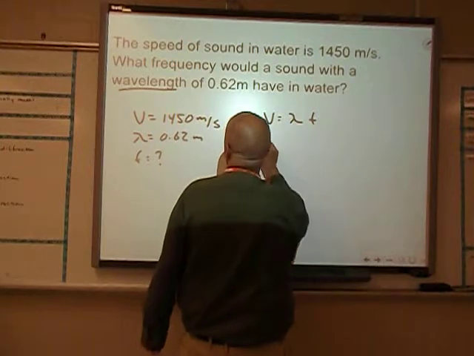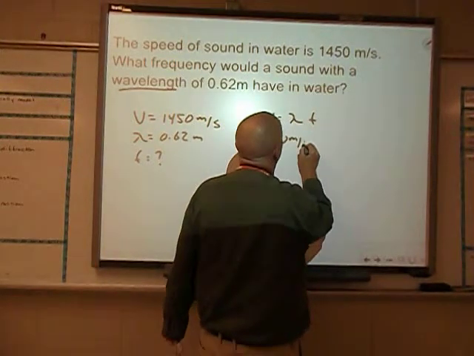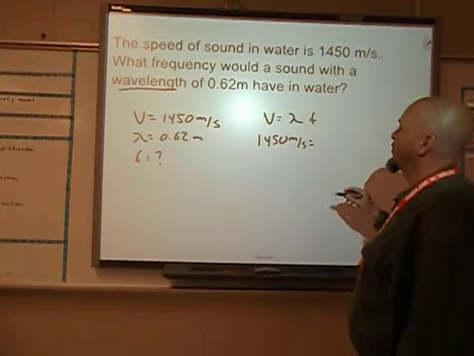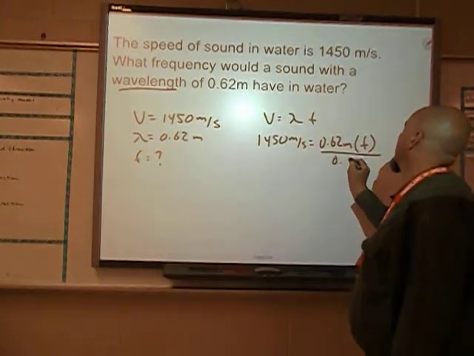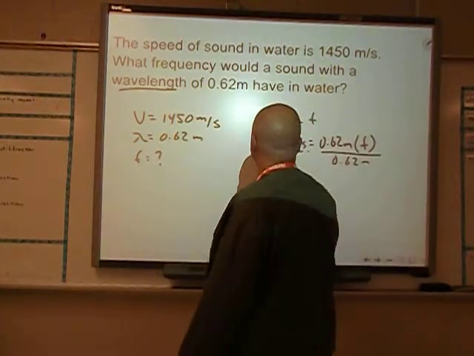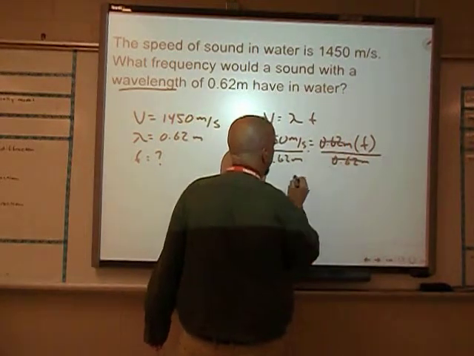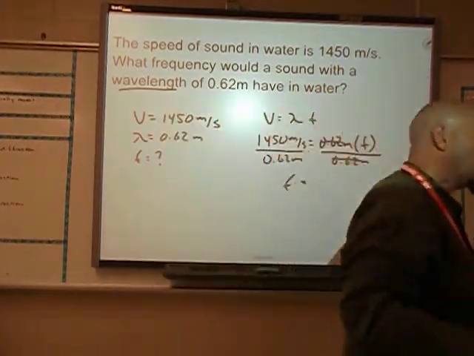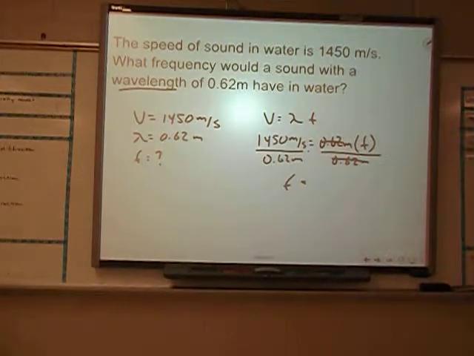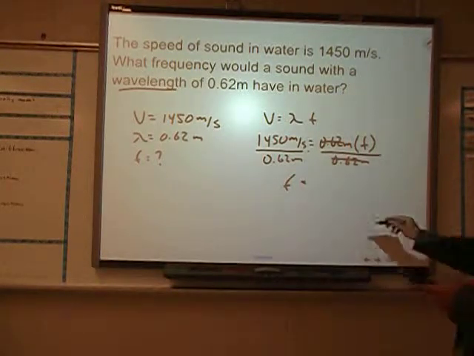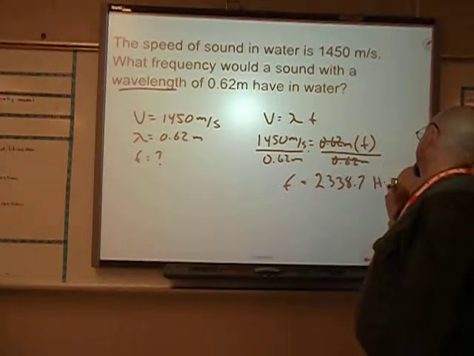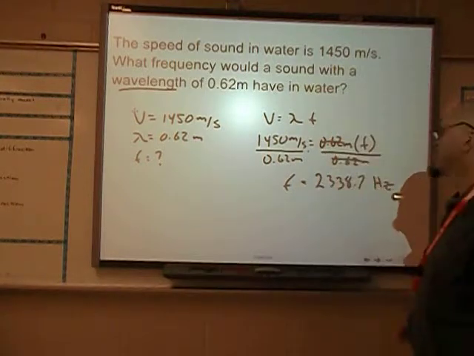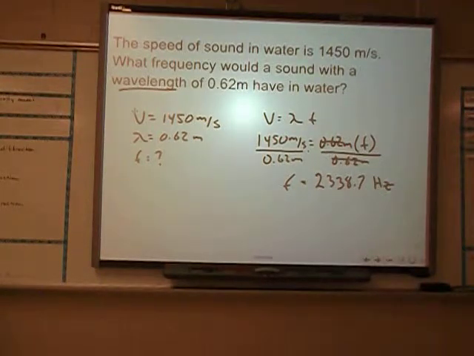Velocity is wavelength times frequency. 1,450 meters per second equals 0.62 meters times frequency. Divide both sides by 0.62 meters to solve. Write it f equals, because that's what math teachers like. 1450 divided by 0.62 is 2338.7 hertz. Again, just using that algebraically.